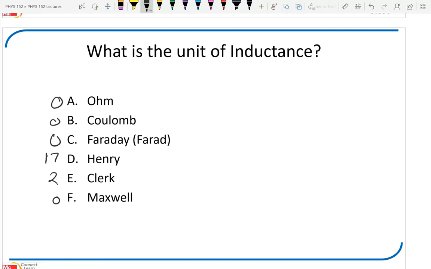Okay, let's start at the top. What is ohm a unit of? That's the unit of resistance.